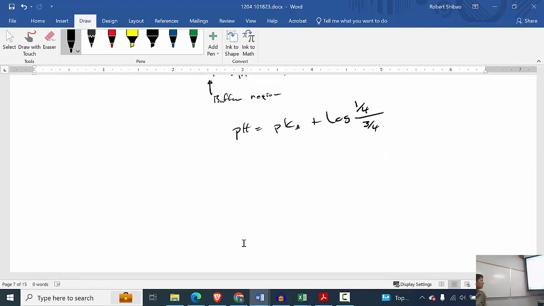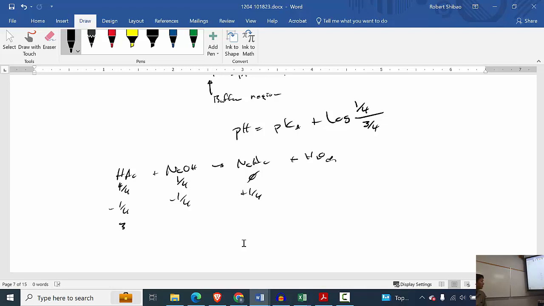The way we think about this is that I have my HA plus NaOH. If I start off with 4/4 here, and I neutralize 1/4 here, then how much NaA will I form? H2O being a liquid here, NaA 0. So we're going to lose 1/4 of this, and we're going to lose 1/4, and we're going to gain 1/4 here.